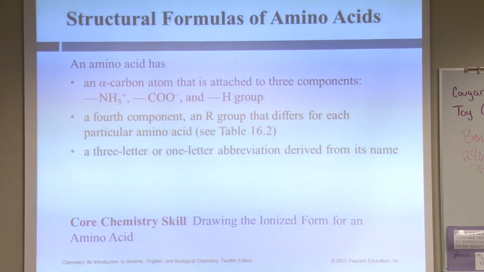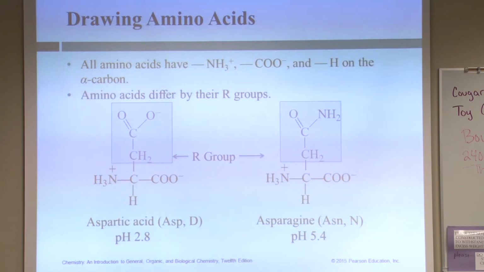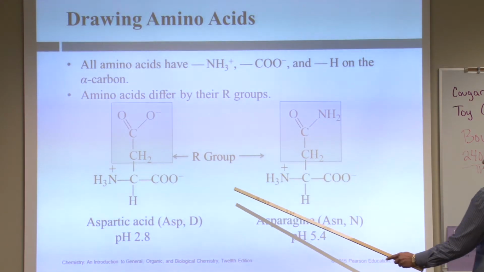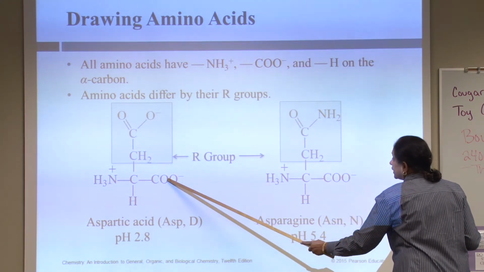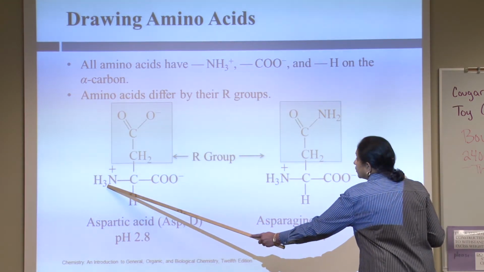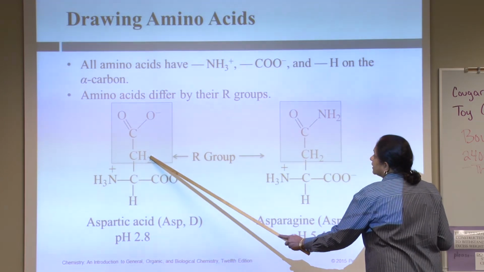So now we are going to learn how to draw an amino acid. Okay. Drawing an amino acid. So this is your alpha carbon, the carboxylate group, the ammonium group, hydrogen, and the R group.